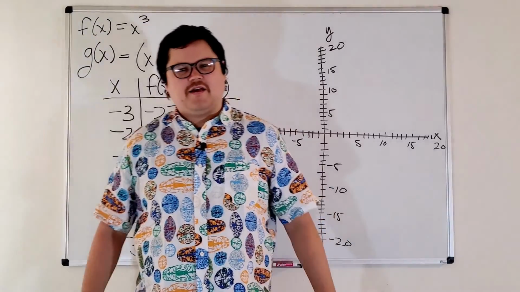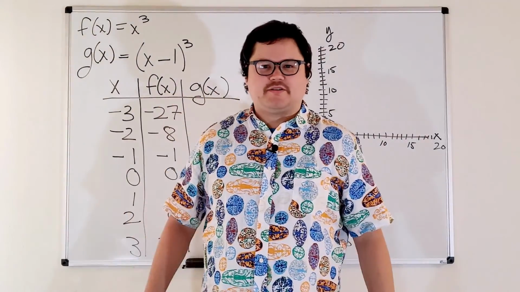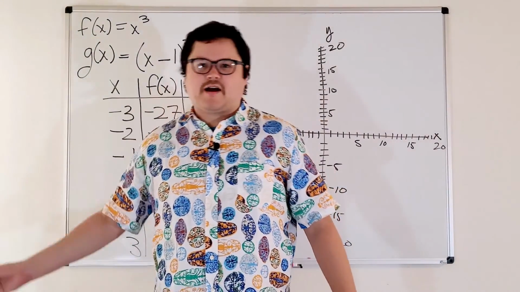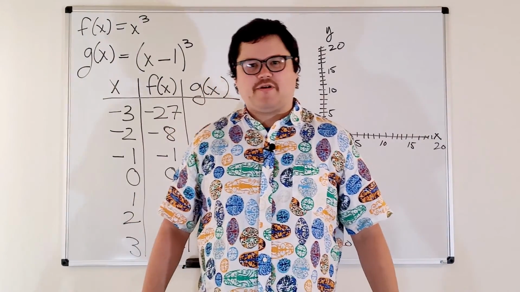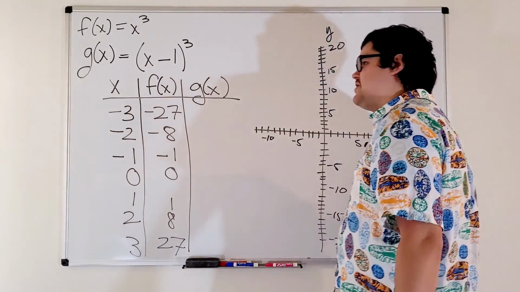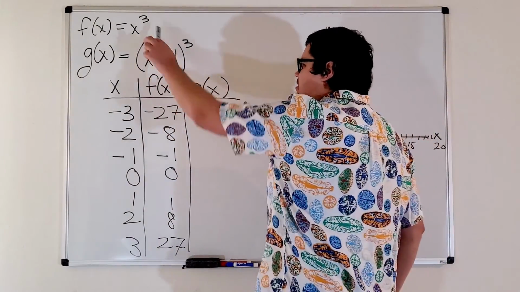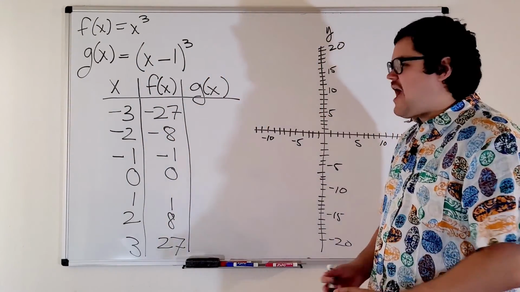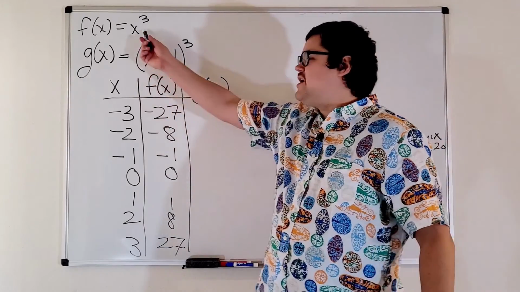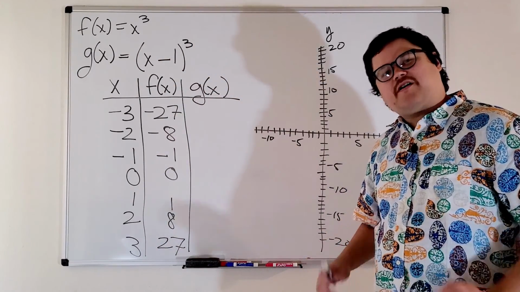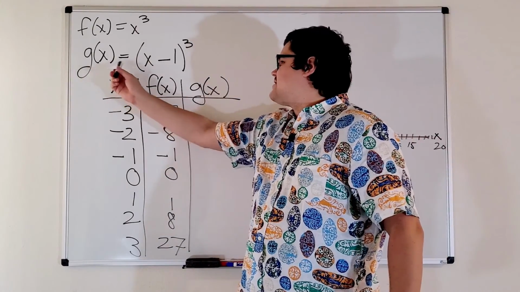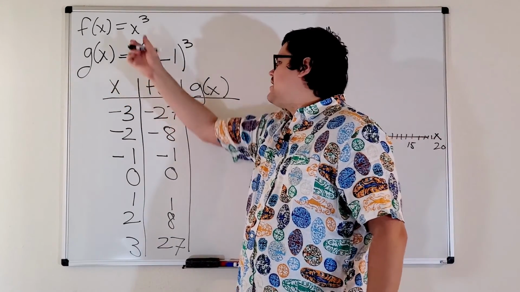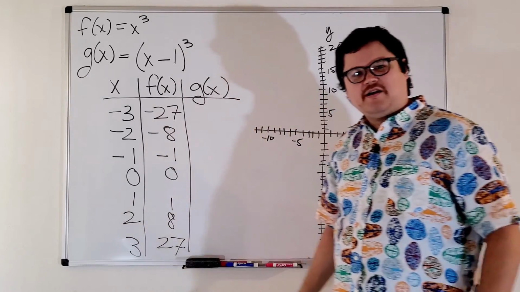All right, if you think we've been on easy street so far, we're about to take a hard left onto difficult avenue, so watch out. Let's suppose that we had our original parent function, f of x equals x cubed, and we have a different little modification. G of x is (x minus 1) cubed.